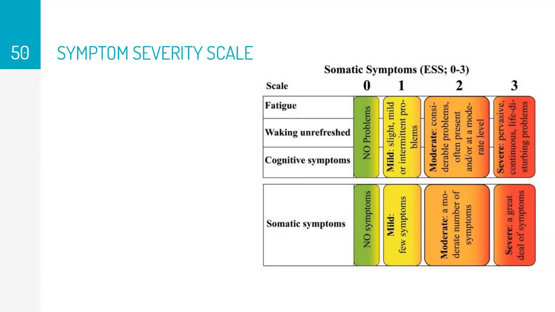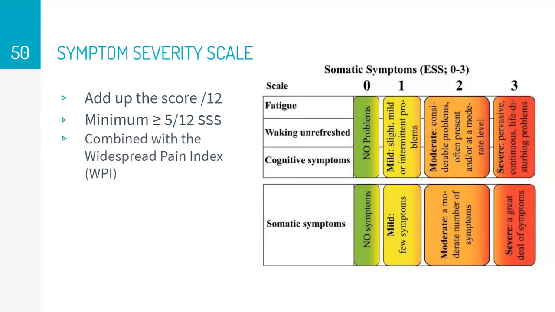When they add that score up, the diagnosis would want to see a minimum of 5 out of the 12 for this scoring system. Then they combine that with the widespread pain index, which are the 19 pain points, and combine those scores.